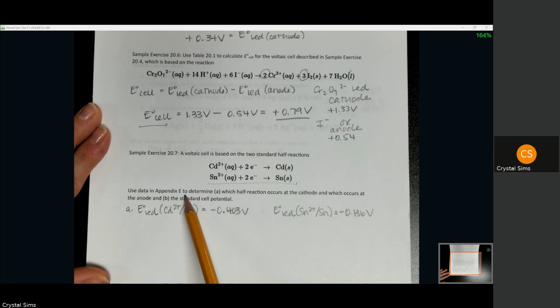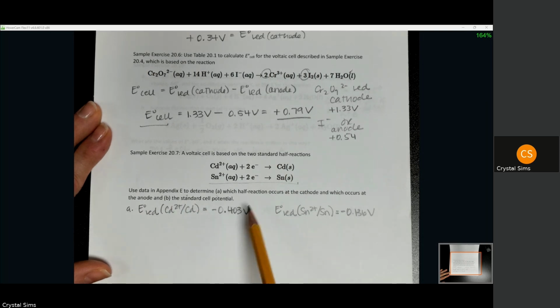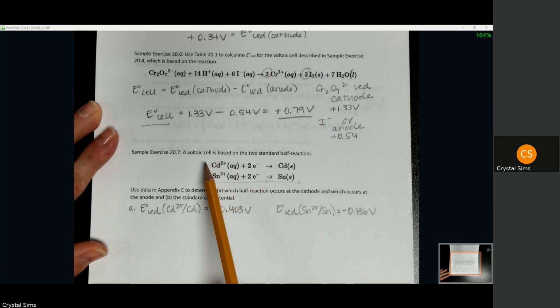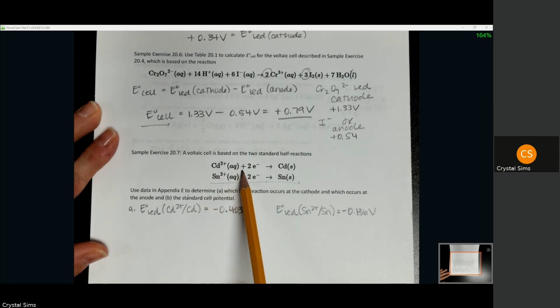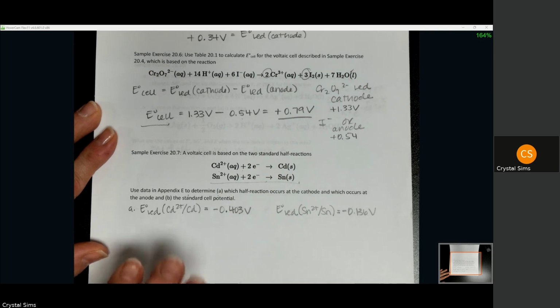We're going to use the data in Appendix E, or Table 20.1, to determine which of these is occurring at the cathode and which is occurring at the anode, and then to calculate our standard cell potential. The way that this is set up, you think, well, they're both gaining electrons, right? Well, that is how it looks. But remember, these are always reversible. So they kind of tried to trick us here.